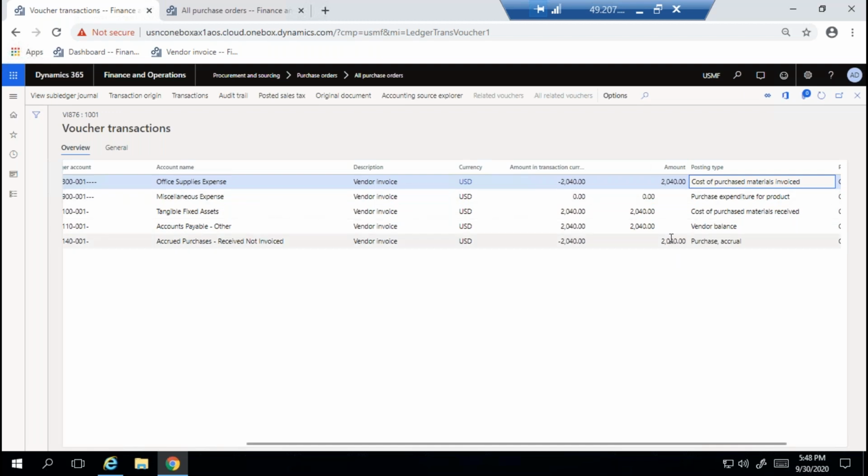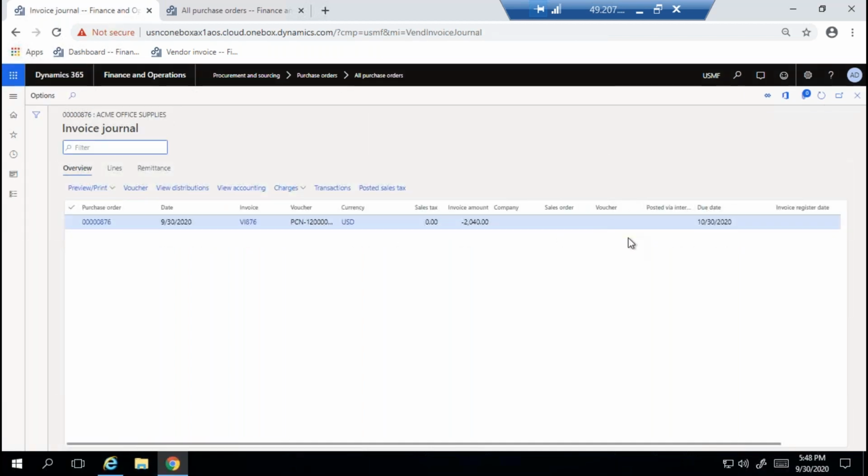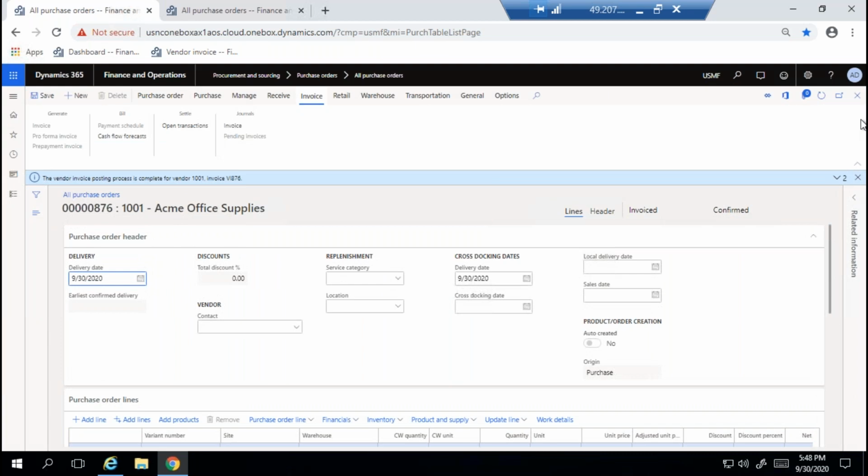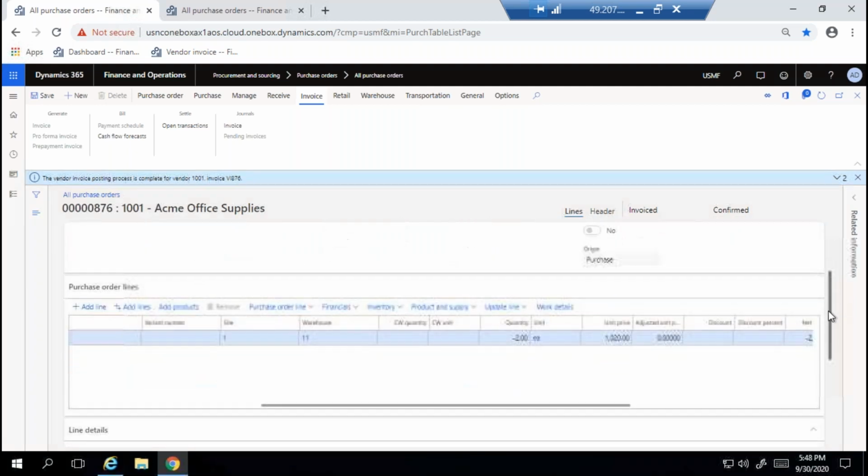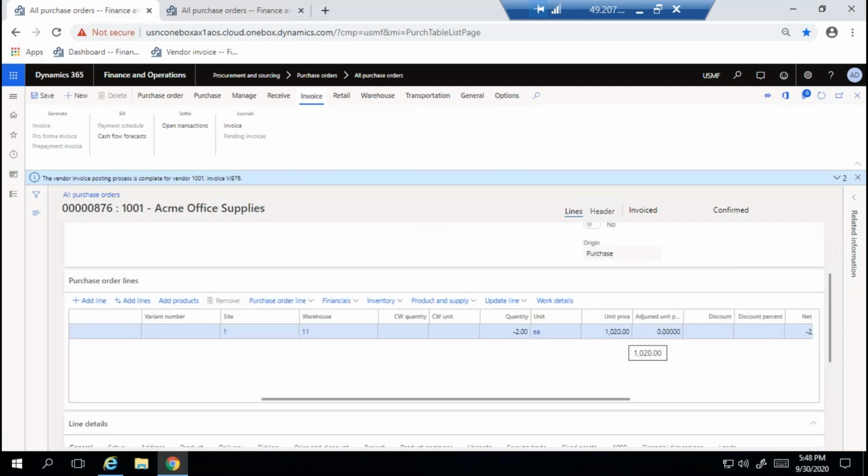That is the major change from purchase order invoice to purchase return orders. The return order is posted with minus quantity. That is the reason debit will be posted to credit, credit will be posted to debit. Understood?